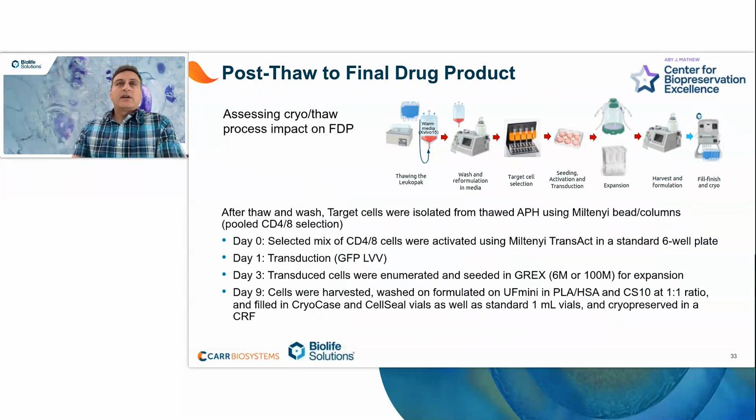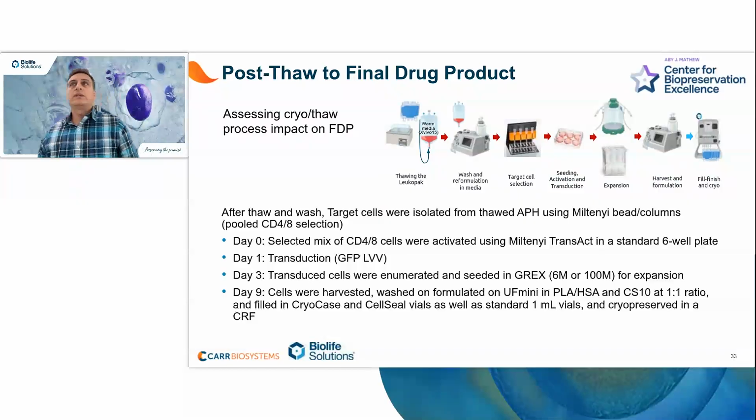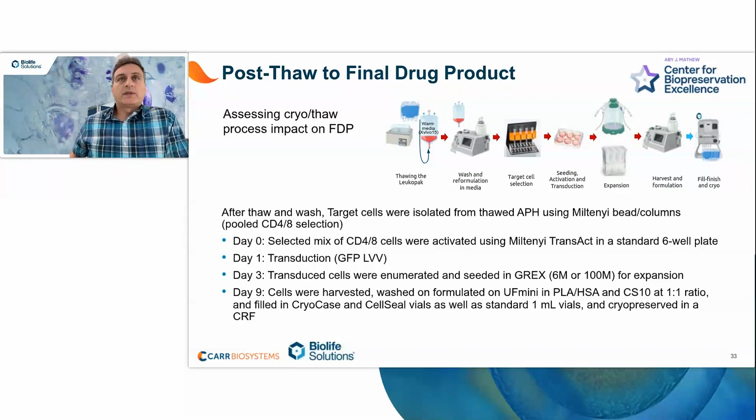So after thaw, as I mentioned, what we did was to reformulate these cells into the selection buffer and then push them through the incubation with beads for the CD4 and CD8 cells, pushing them through the magnetic bead columns from Miltenyi.